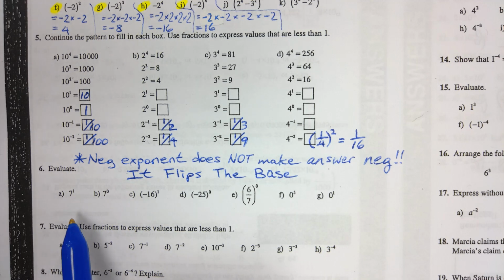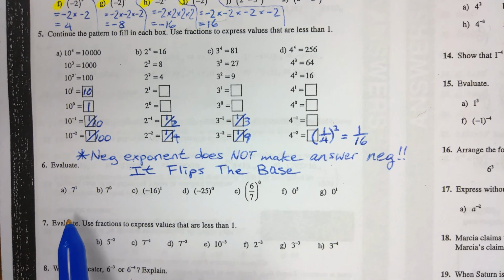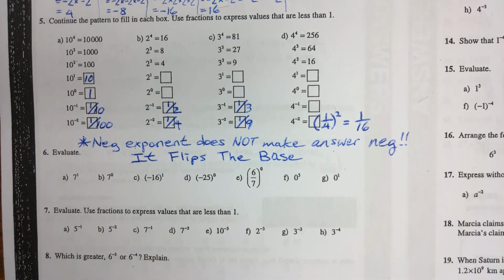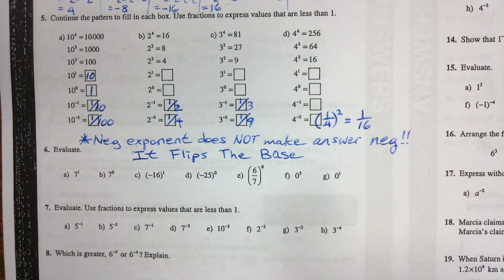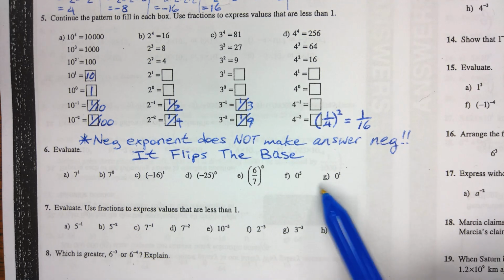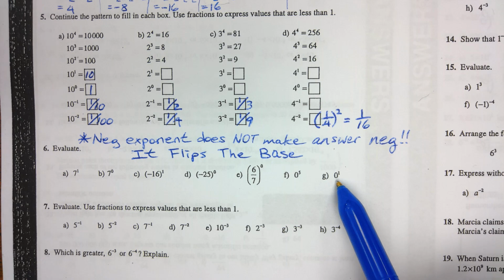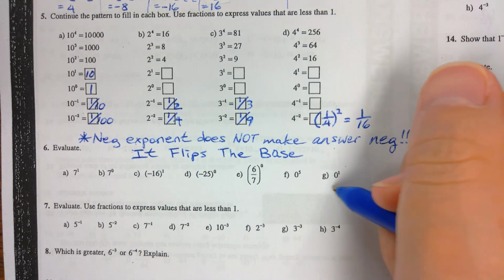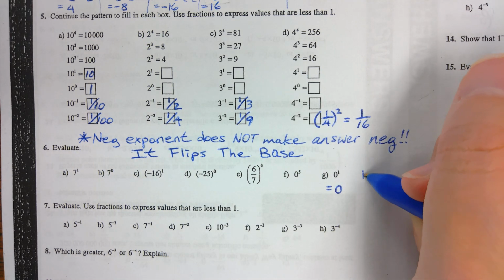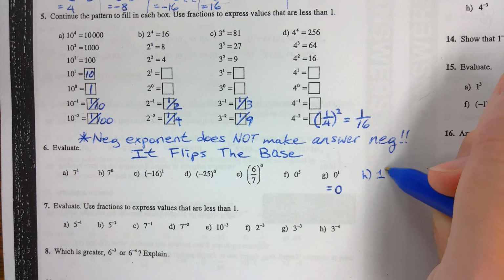So here, these ones are pretty simple. I think you guys will be okay with it. Oh, here, let's just do, what is 0 to the power of 1? 0. What is 1 to the power of 0? 1.